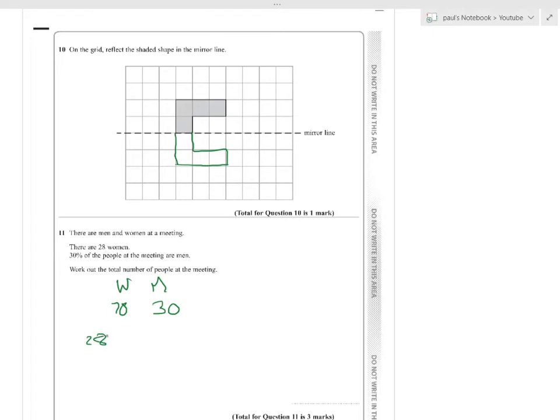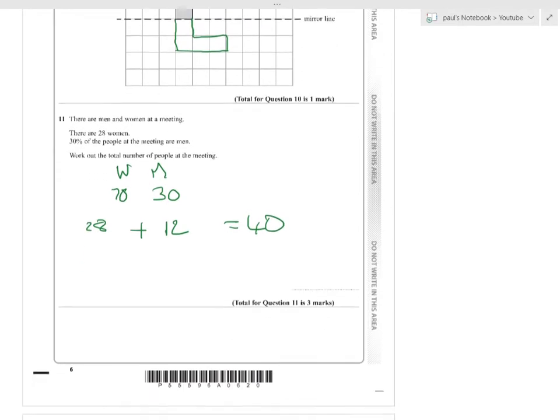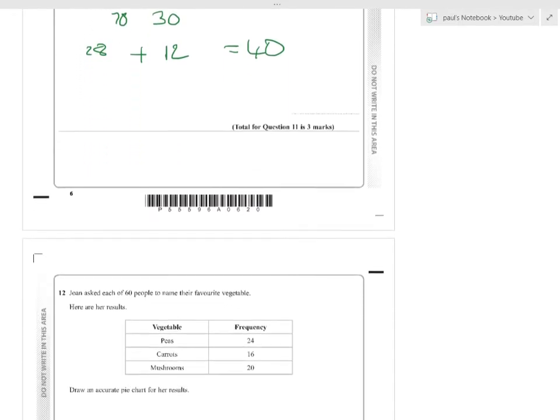So if I do 28 divided by 70 times 30, I get 12. I get 12 men. Total number of people is 28 plus 12, which equals 40. Can do that lots of other ways. I don't know why I did it that way, but there you go, I got the right answer.